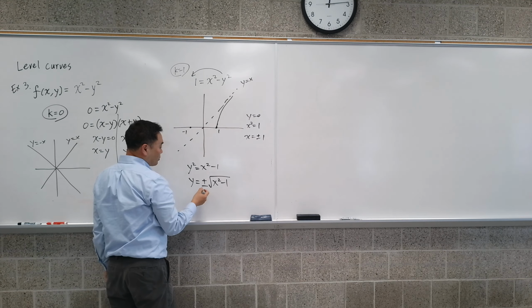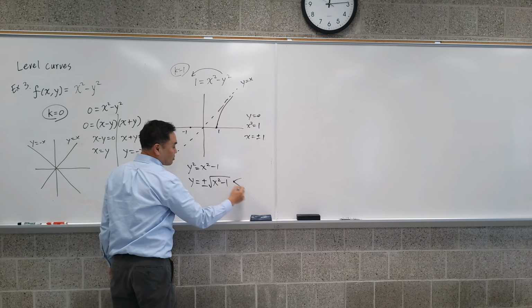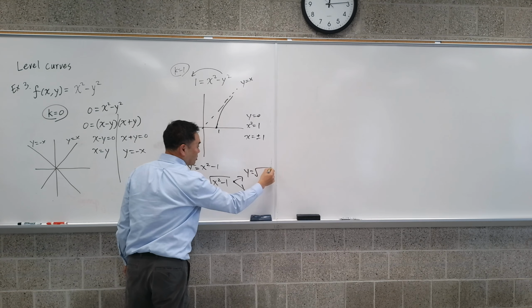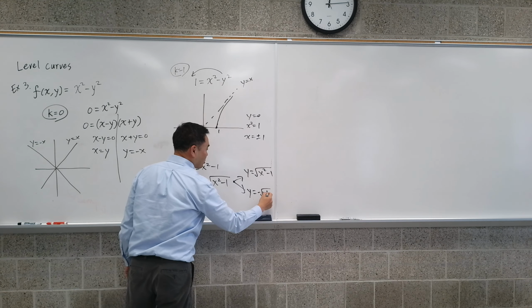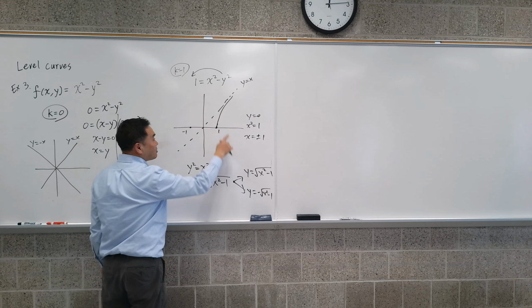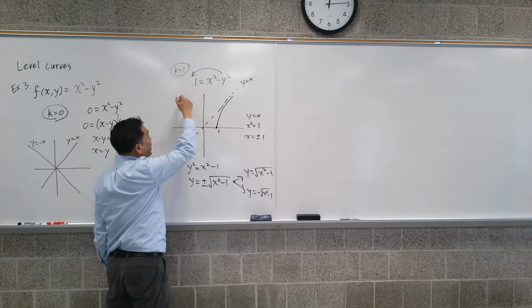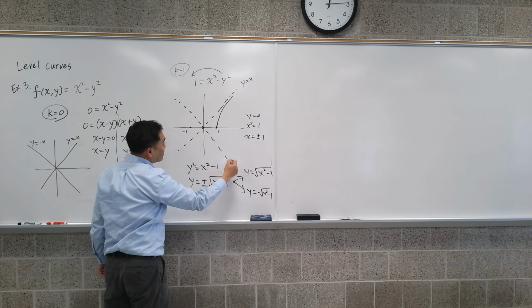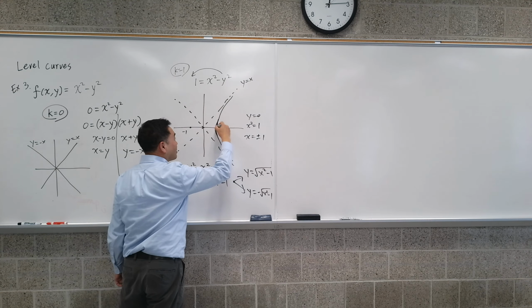So that's for the plus. So this is two things. One is y equals square root of x squared minus 1, and y equals the negative square root of x squared minus 1. The negative of this will be just flipping this graph upside down, right? And that one will have the asymptote y equals negative x. So it's going to be like this.